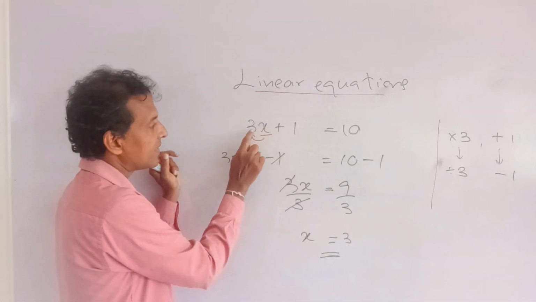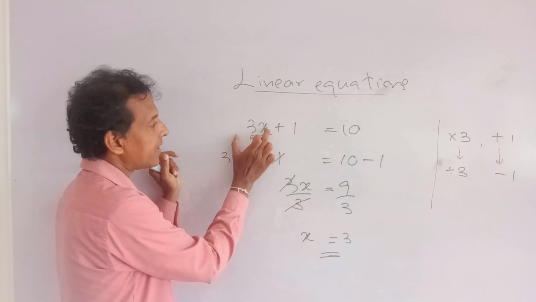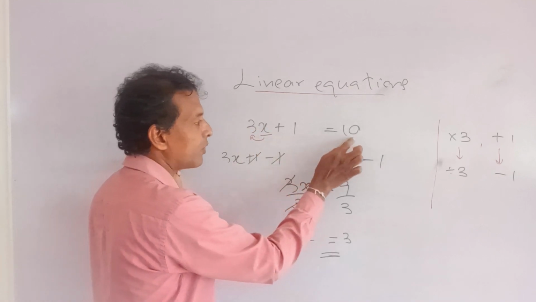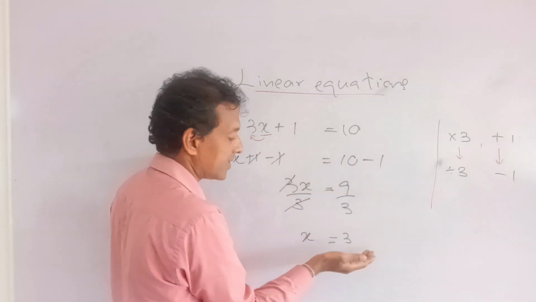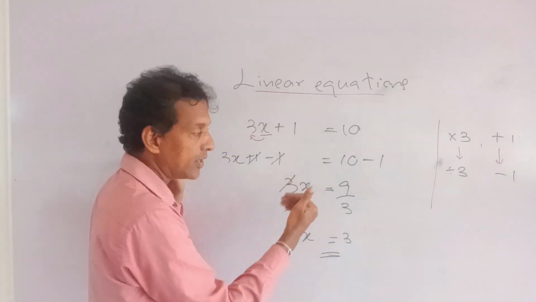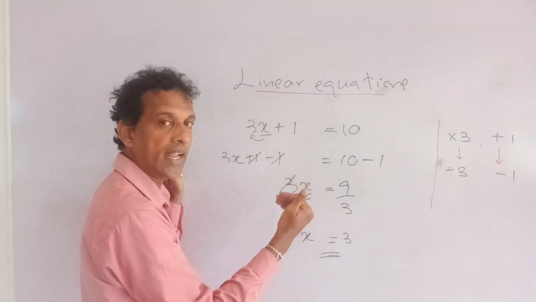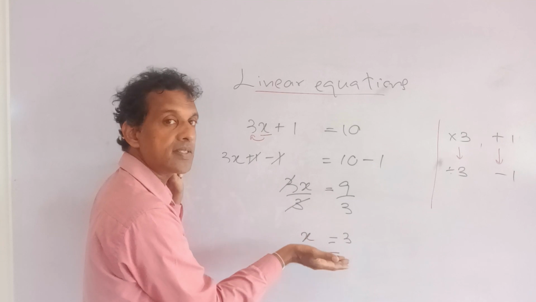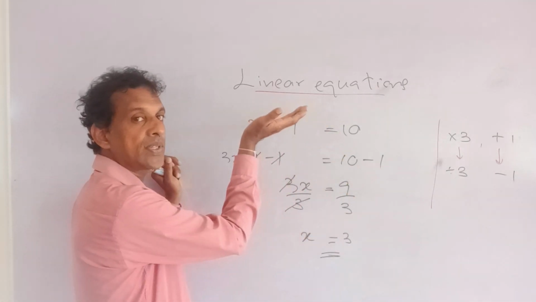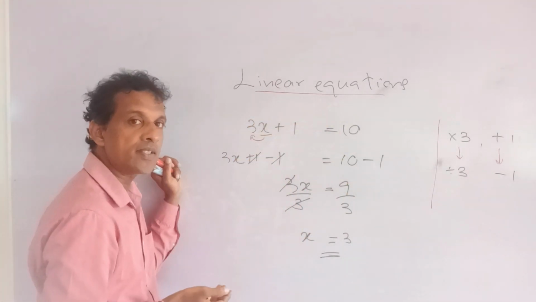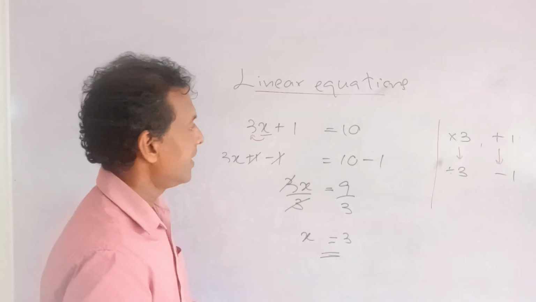So when x is 3, 3 times 3 is 9, 9 plus 1 is 10. So it's equal to 10, right? It's correct. So the answer that you obtained is correct. So in equations, you have that advantage. You can always substitute the answer into the original equation and make sure that the answer you obtained is correct.